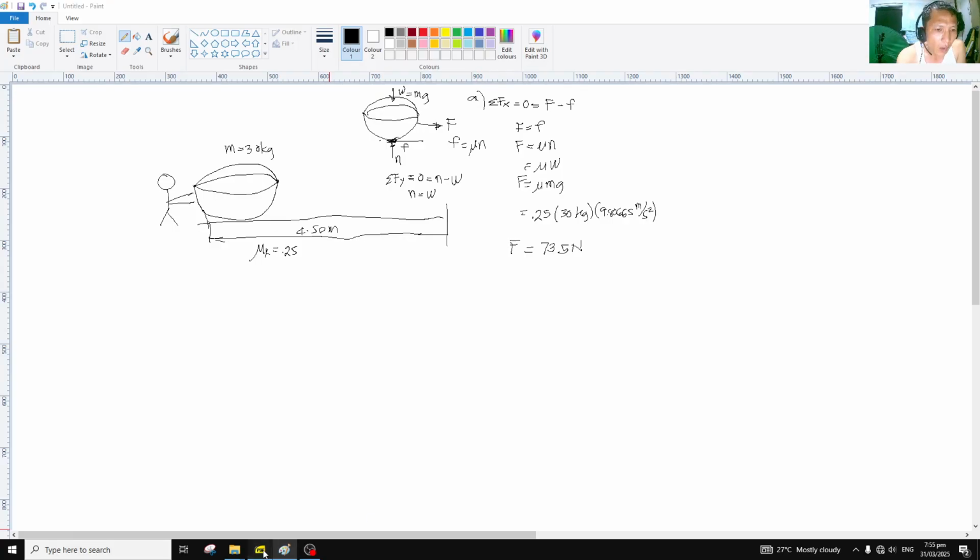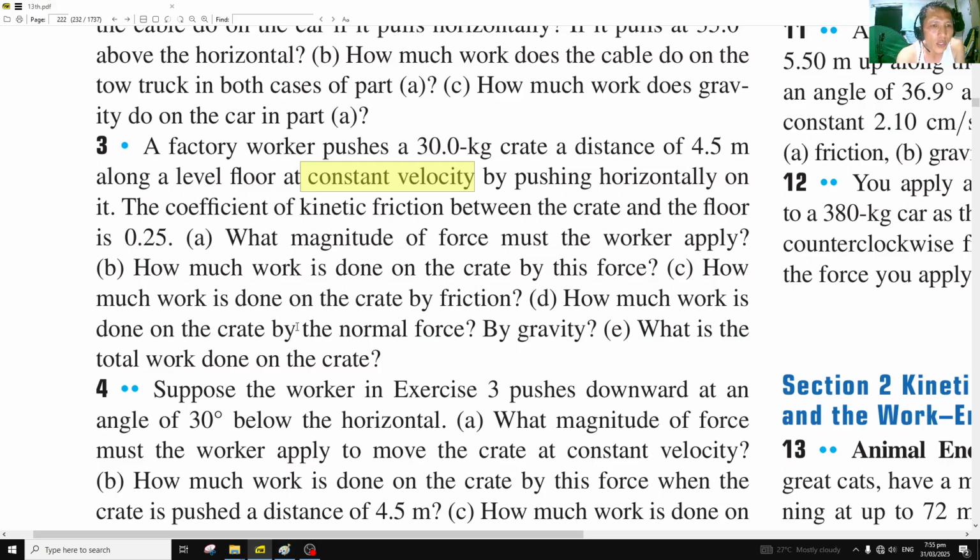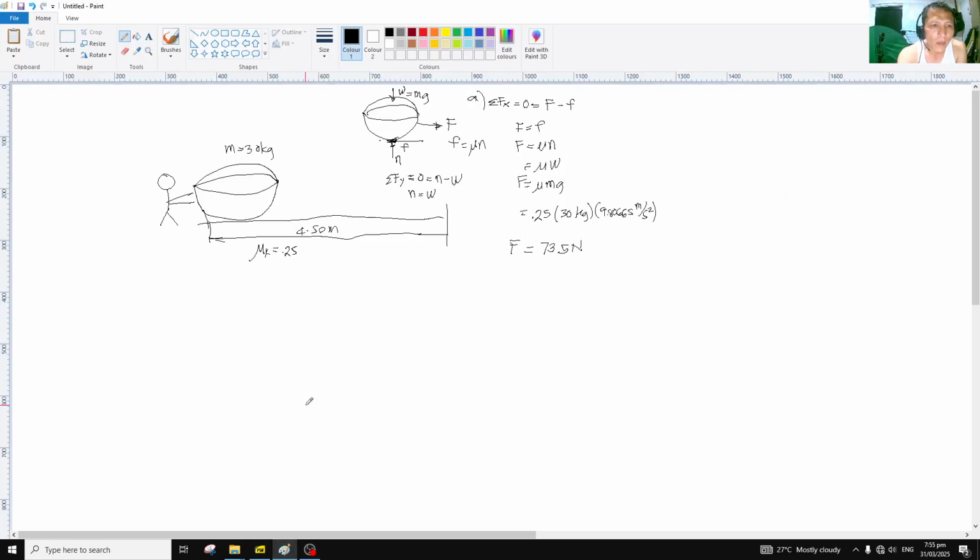How about letter B? Letter B, how much work is done on the crate by this force? With respect to work, I would advise you to really go back to the definition of work. So, the work of that F, we can also compute the work of friction and the total work, separately.